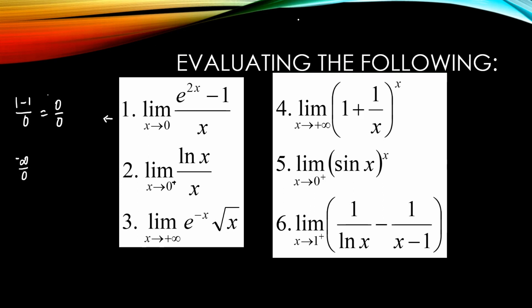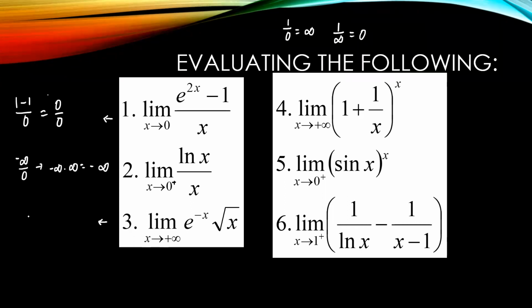Take note that when you are evaluating limits, guys, 1 over 0 is infinity. 1 over infinity should be 0. So in this case, I can say that this one is basically negative infinity times infinity, which is simply negative infinity. This one, oh, it's difficult if it's a negative exponent.